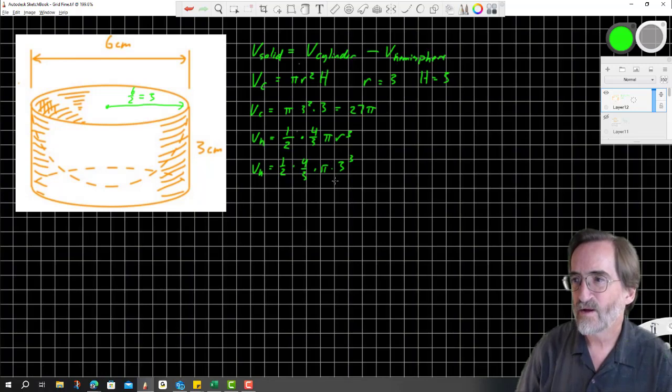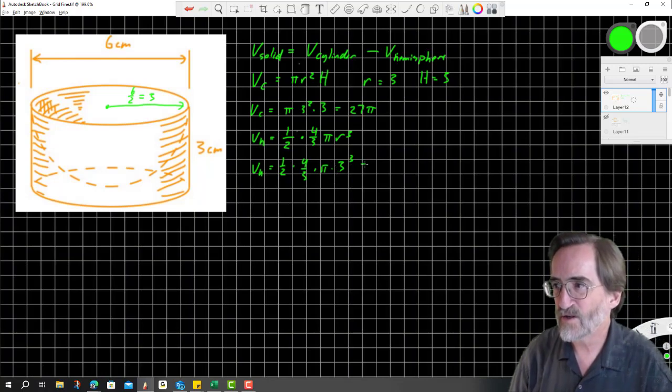Okay, let's go ahead and simplify that a little bit too. 4 divided by 2 is 2. Do a little cross reducing. Again, you can just leave all this and enter it all in your calculator. And so 1 times 2 is 2, 1 times 3 is 3, so 2/3.